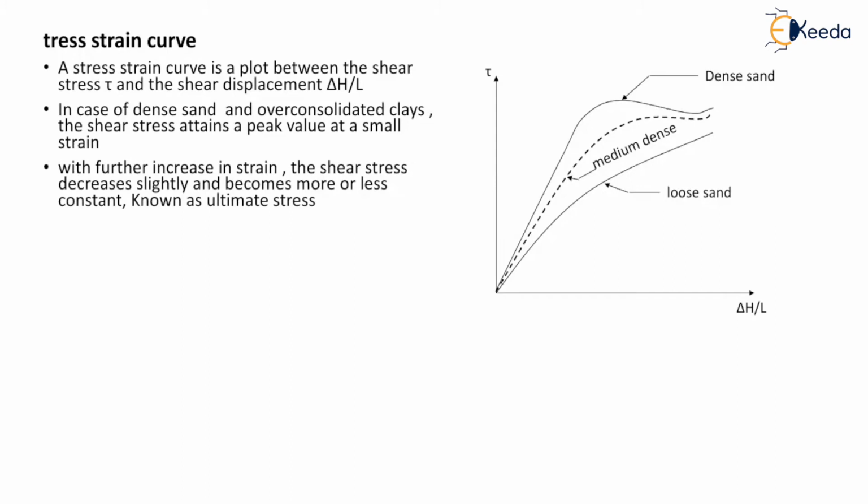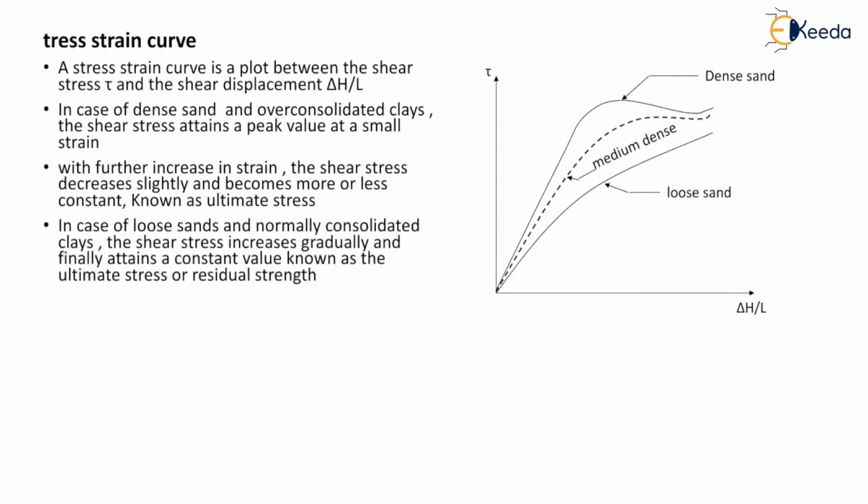With further increase in strain, the shear stress decreases slightly and becomes more or less constant, known as ultimate stress. In case of loose sands and normally consolidated clays, the shear stress increases gradually and finally attains a constant value known as the ultimate stress or residual strength.